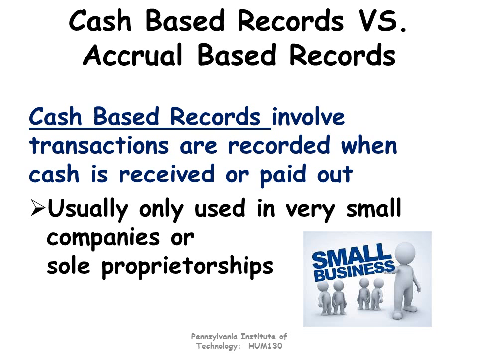Now, the next thing we have to talk about is the difference between cash-based records versus accrual-based records. I know all these words are thrown at you, and it can be confusing. However, it's a very, very basic understanding. Cash-based records involve transactions that are recorded when cash is received or paid out.